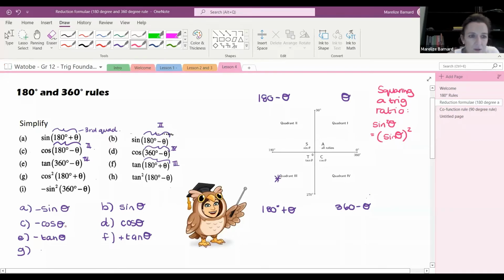Okay, back to our question, cos squared of 180 plus theta. Cos in the third quadrant is negative. But because we are squaring it, we are going to end up with positive cos squared theta.